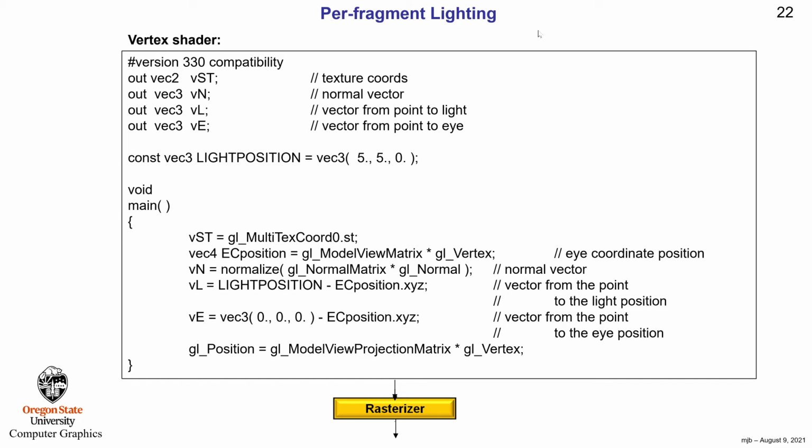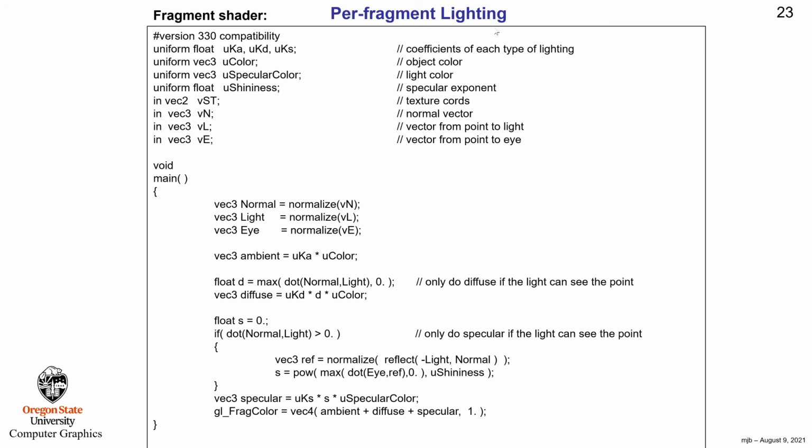It would be interpolated, put back in fragment shaders, where it would be passed into gl_FragColor. Okay, and the equations look like this.